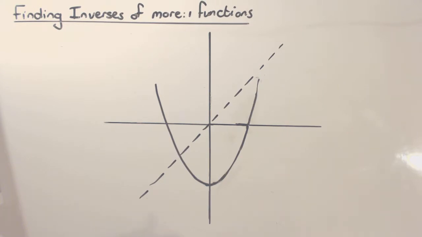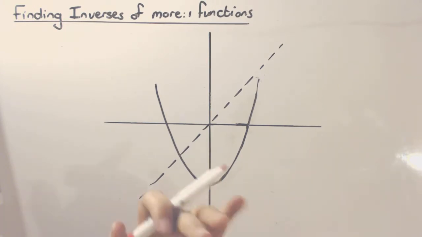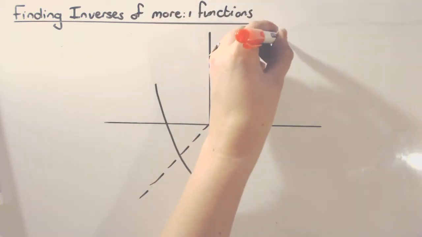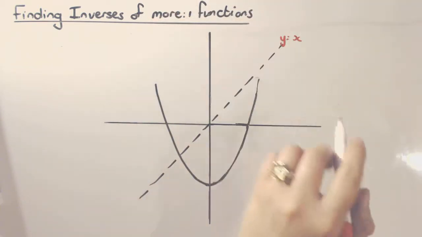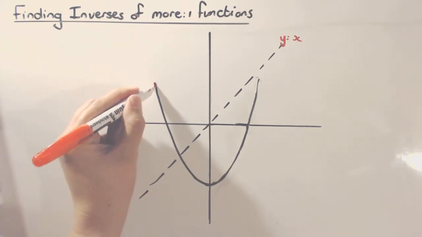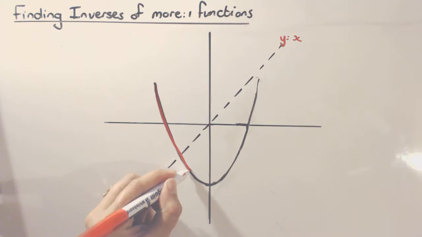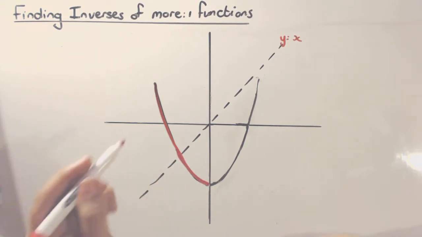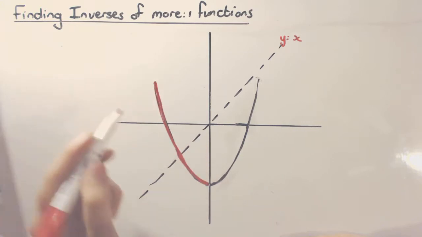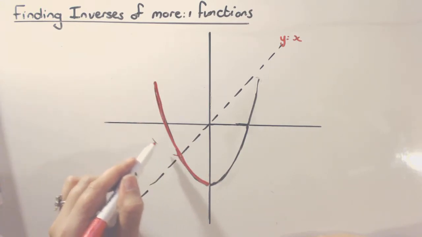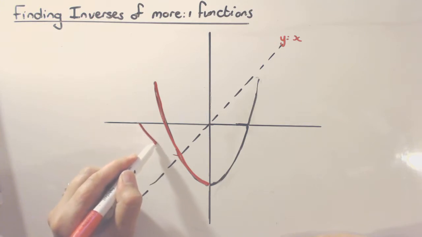Alright, now I just want to explain to you the basic concept first again, which I have touched on in the basic video. When I find the inverse of a function, I reflect in this y = x line. Can you see, if I take this half of this parabola and I reflect it in this line, this part will go there to that axis.